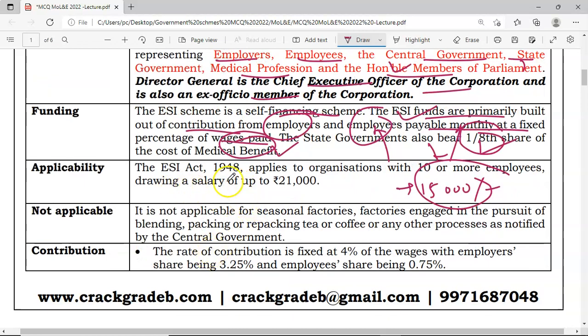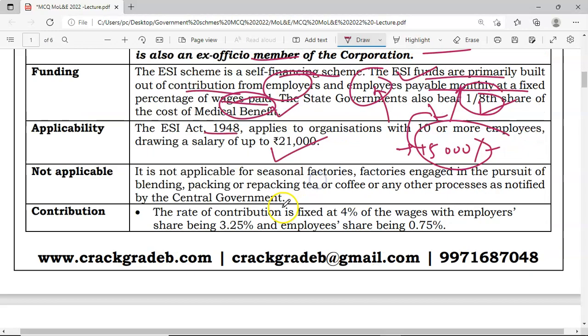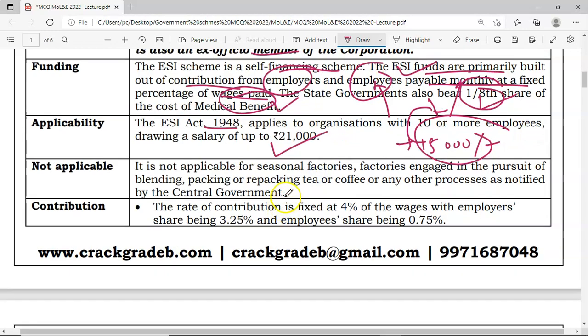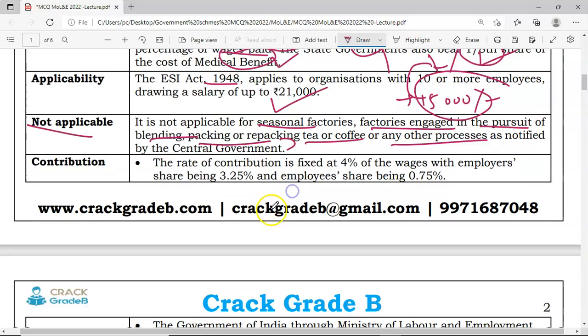Now, the ESI Act 1948 is applicable to organizations which have 10 or more employees drawing a salary up to 21,000. This is important. It was in our option that it is not applicable to seasonal factories engaged in the pursuit of blending, packing, repacking of tea, coffee and other processes notified by the government.